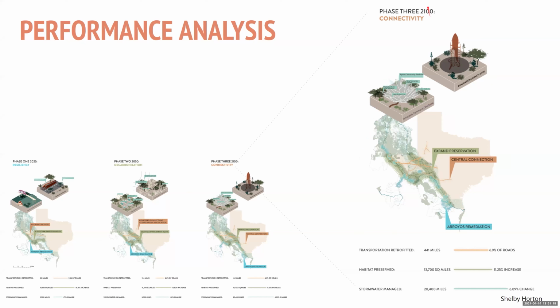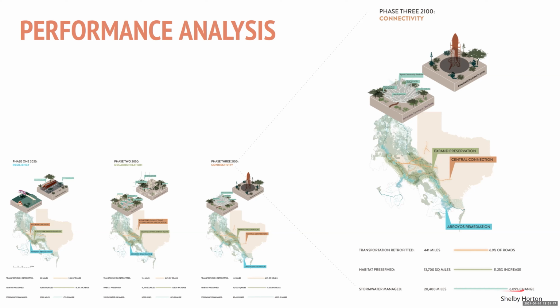And so for the third phase, connectivity, where we're trying to protect from solar flares and polar reversal with extraterrestrial habitats and interplanetary transportation, we're retrofitting about 6.9% more of the existing transportation network, so we can move people efficiently and safely to our evacuation hub in Fort Stockton.